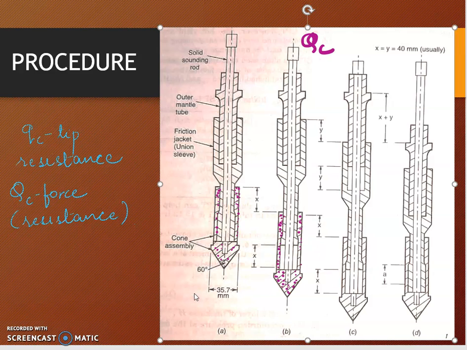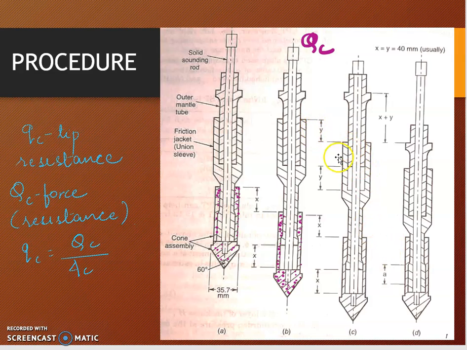So by this logic, how will you get qc? qc will be capital QC divided by AC. What will be AC? AC will be the area of the cone. Now in position 3, the solid sounding rod will be pushed further by depth Y. So earlier it had moved by X, now it has moved further by Y.